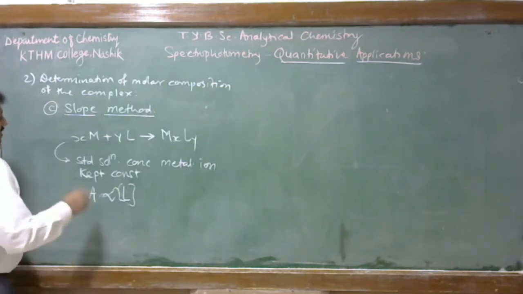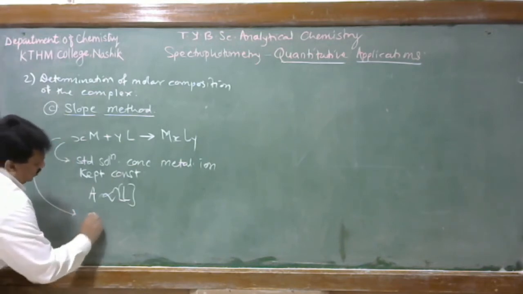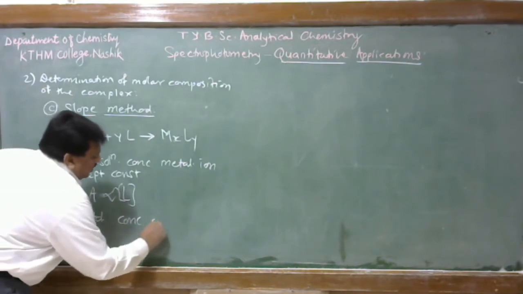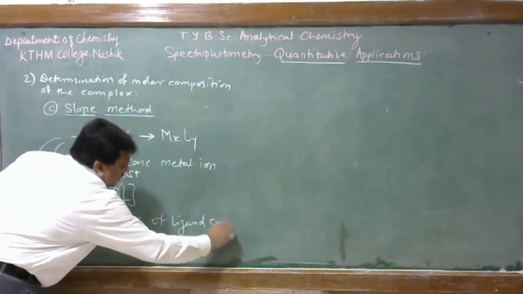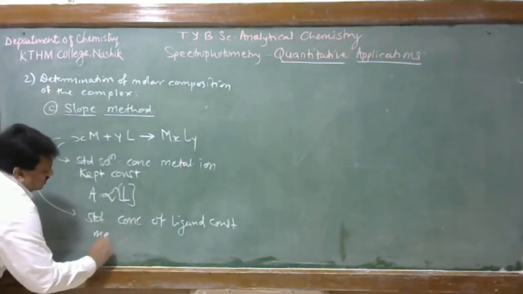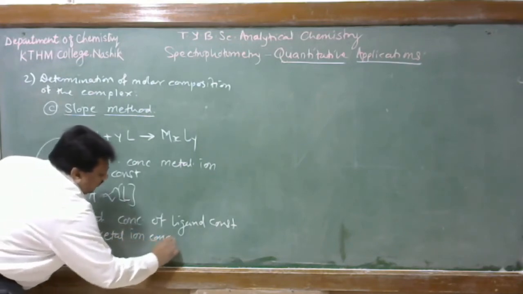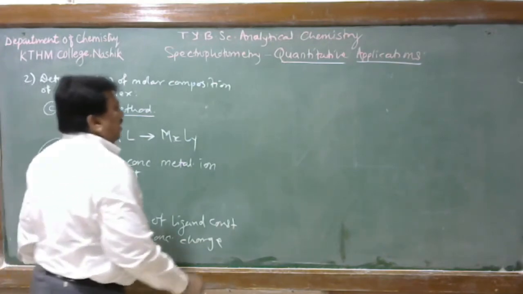In the second case, we again prepare standard solutions in which the concentration of ligand is kept constant, and here the metal ion concentration is varied. Then in this case we have two graphs.